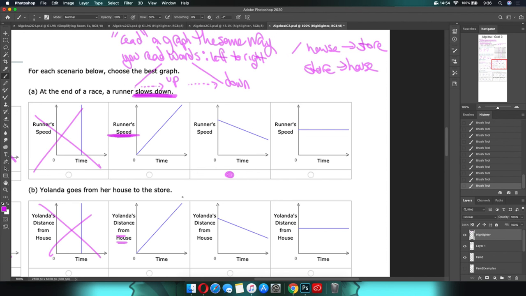If I'm going from the store to the house, then it's going down. And that is especially, bold, underline, italics, the next topic's biggest trick that they try to play on you, and we'll get to that in a second. So distance from the house, that means we're going to be going up because you're leaving the house and putting distance between you and it. So it's going to be that one.